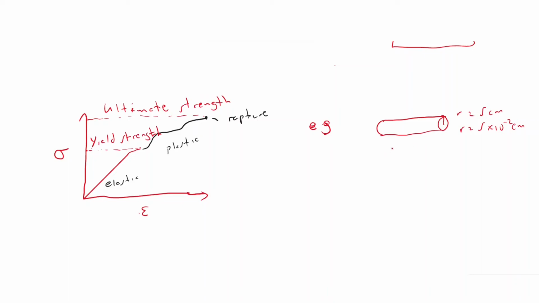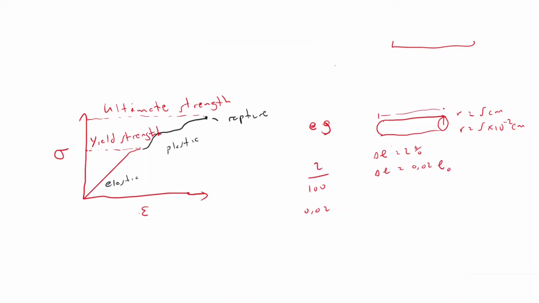And then you are going to stretch it. You are told that the stretch, which is change in L, is just 2%. Remember, 2% is 0.02, so it's 0.02 of the original length, which is L0.